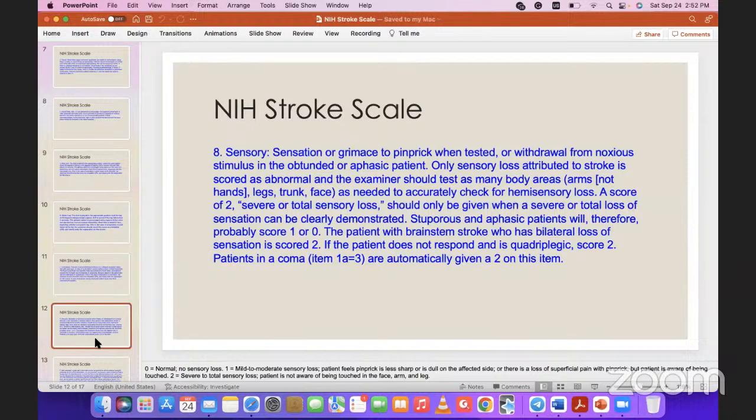And I have to examine the arm, the hand, and also the trunk by pinprick sensation. And the key for my examination: if it is normal, I will give him 0. If mild to moderate sensory loss, I will give him 1. And if it is severe to total sensory loss, I will give him 2.